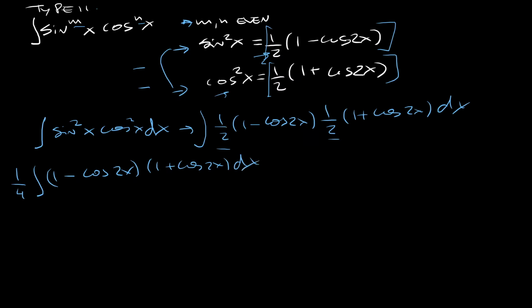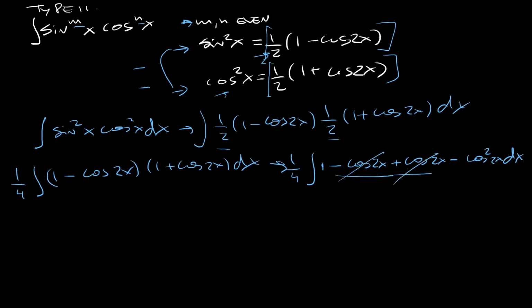If we redistribute, we have 1/4, and then 1, minus cosine 2x, plus cosine 2x, and then minus cosine squared of 2x dx. Both of these terms have different signs and are the same, so we can cancel those. So we have 1/4, and then 1 minus cosine squared 2x dx.